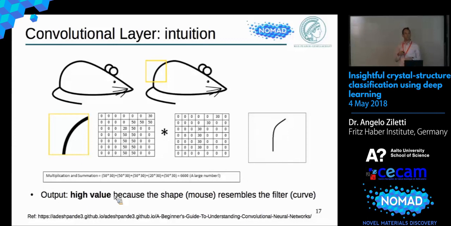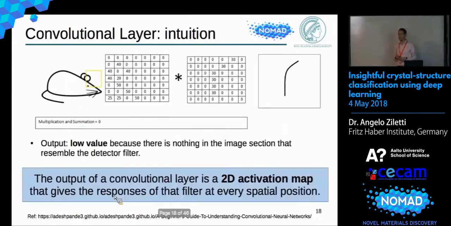So you see that here you have non-zero elements in the image, at the same location as they have the same shape as the filter here. So you get a very high number. So essentially you have a high value because the shape resembles the filter. And conversely, if the filter doesn't resemble the image, then you get a 0 because you multiply non-zero elements with 0 elements and vice versa.